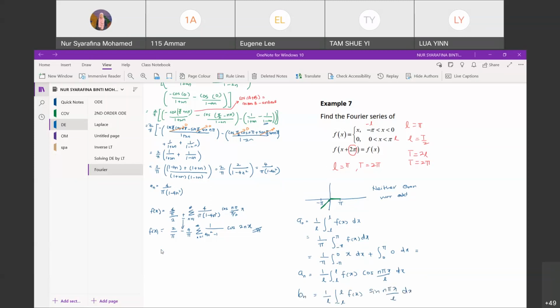You know that the second function here is 0, so automatically this part is 0. So you just proceed with minus pi to 0 only. No need to have 0 to pi because the function is 0.